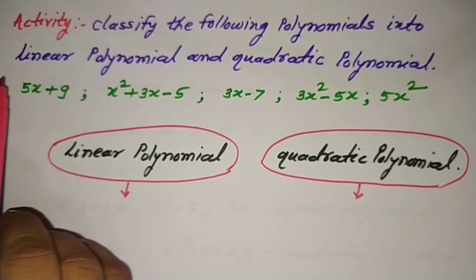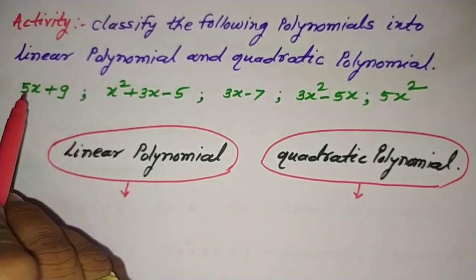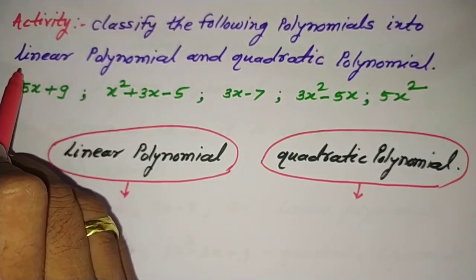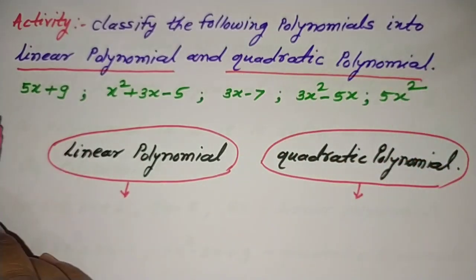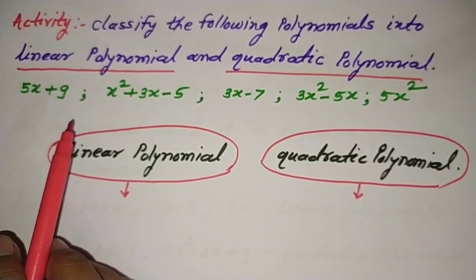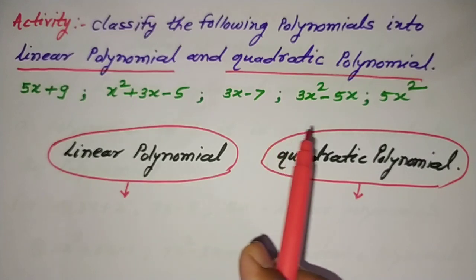See the activity. Classify the following polynomials into linear polynomial and quadratic polynomial. Linear polynomial means the degree of the polynomial is 1, and quadratic polynomial means the degree of the polynomial is 2.